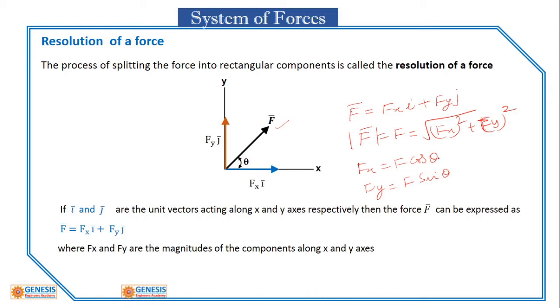So this F cos theta is the horizontal component of the force F, and F sin theta is the vertical component, with reference to this angle, that is the direction of the force.